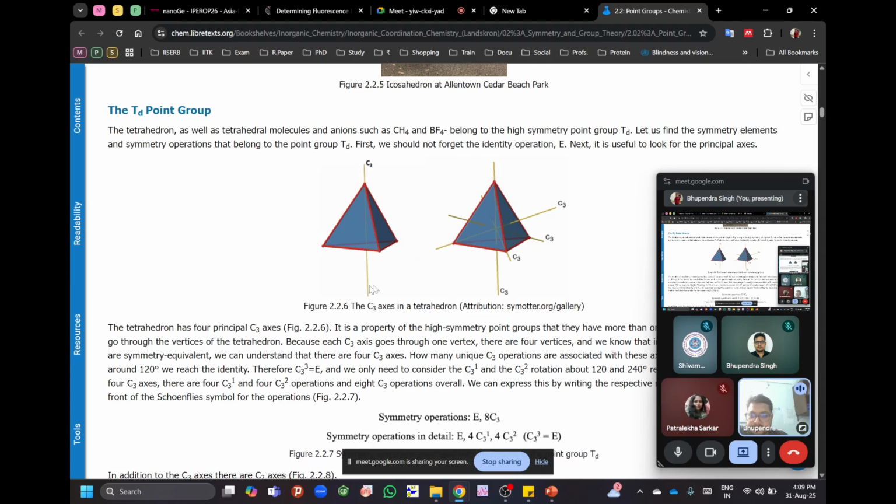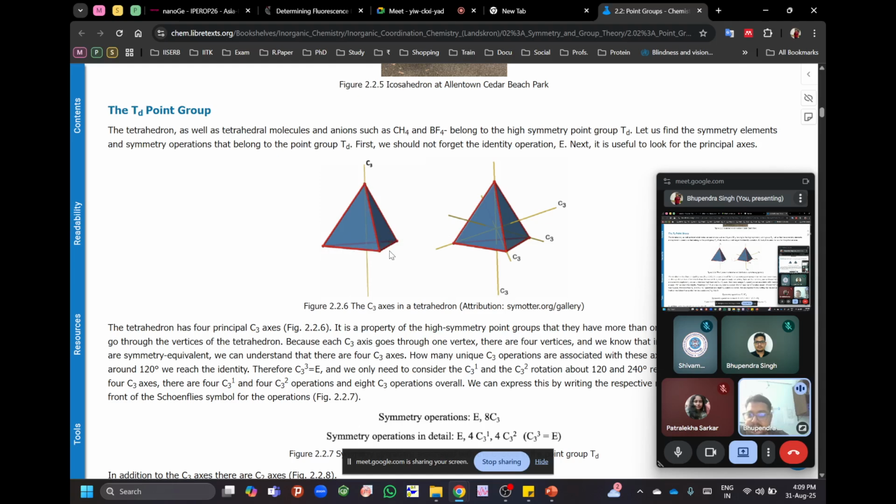So from here there is a C3 axis passing. That C3 axis is passing from this and through the middle of the triangle.